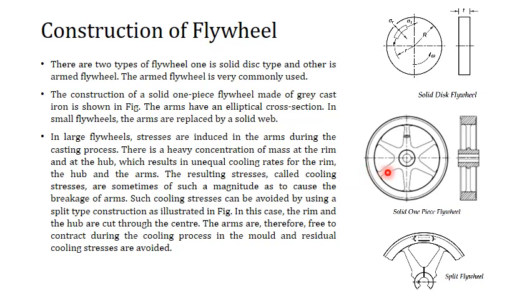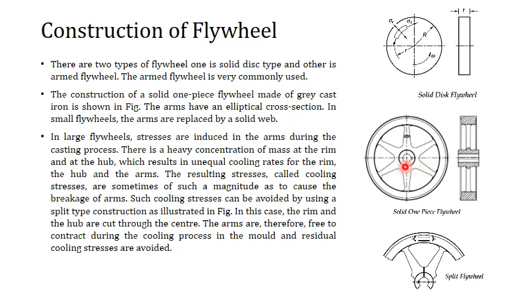One is solid one piece flywheel. Now this figure is going to show you the solid one piece flywheel, where the flywheel is formed out of a single casting piece from cast iron. But this has a limit to the size of the flywheel.